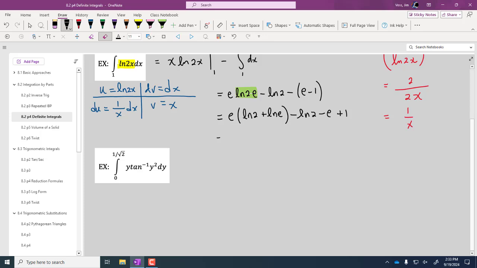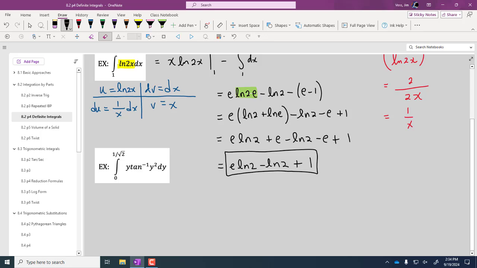So this is going to end up being e natural log of 2 plus e minus natural log of 2 minus e plus 1. So the e's are going to cancel, and we're going to end up with e ln of 2 minus ln of 2 plus 1. And we're not going to do any factoring here because there's nothing common to all 3 terms. Factoring out the natural log of 2 from the first 2 terms, that's not going to benefit us.